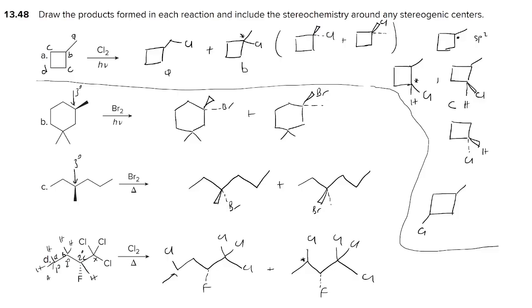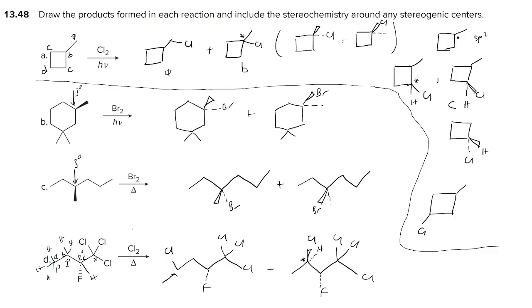We can choose this chlorine to be wedge, and there's a hydrogen here that you can choose to be dash, and vice versa for the other stereoisomer. I'm not going to draw it, but this one plus the other stereoisomer, basically the enantiomer.